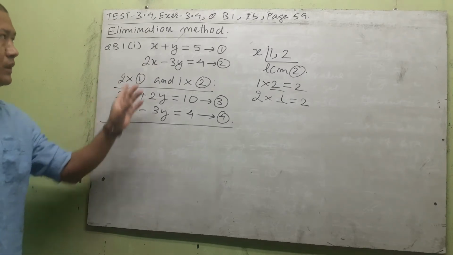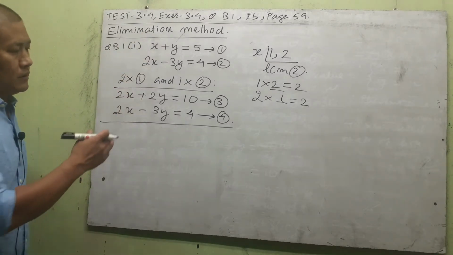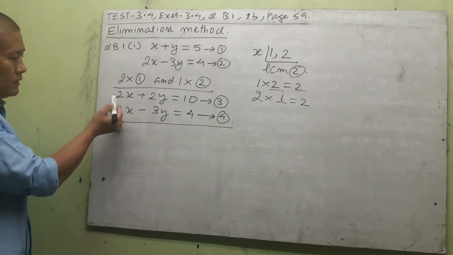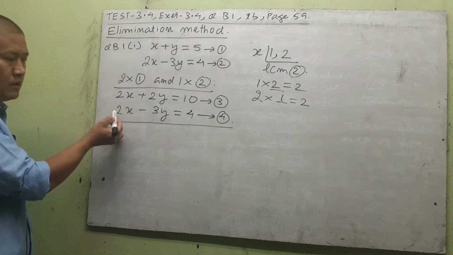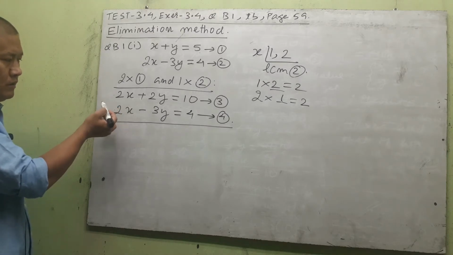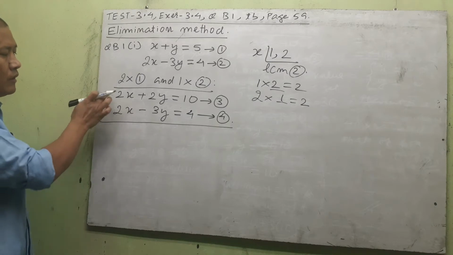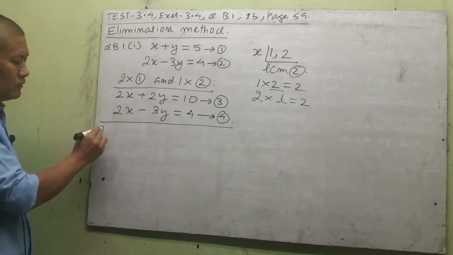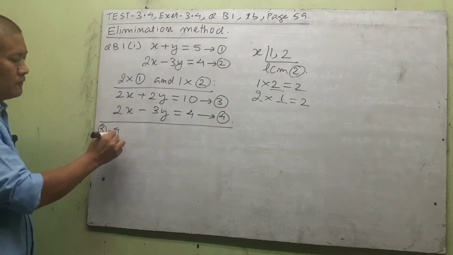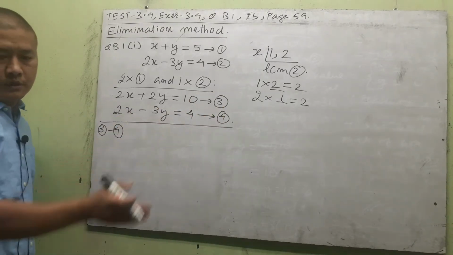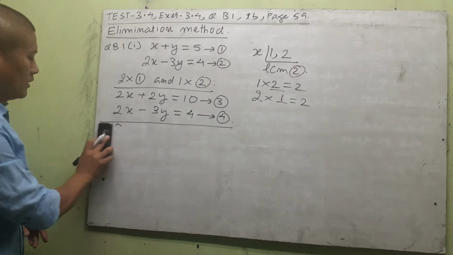We can now eliminate. How do we eliminate? Listen to this. If the equated coefficients have the same sign, plus and plus, or minus and minus, then you do 3 minus 4, that means subtract 4 from 3. 3 minus 4 or 4 minus 3, up to you, but better 3 minus 4.